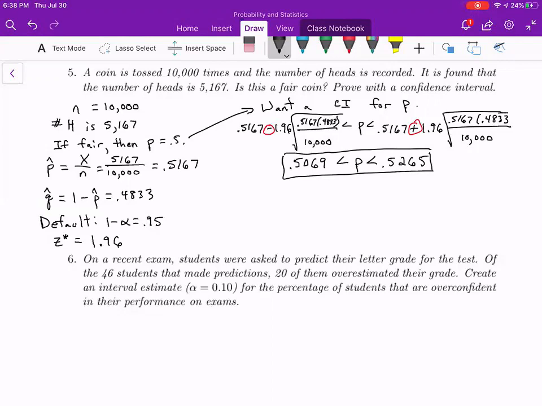And then interpreting is the same process. There is an inherent question in this problem too, but let's just do the general interpretation.